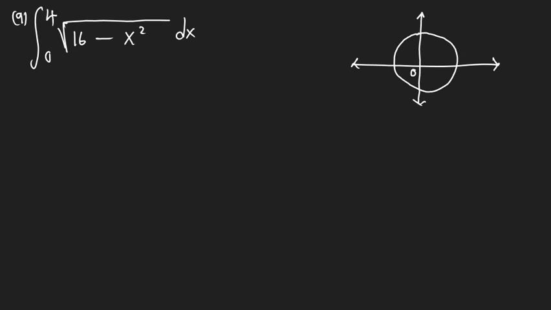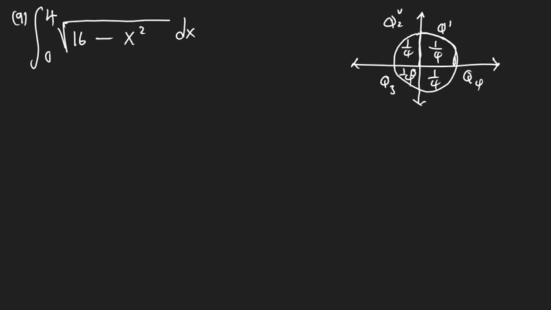Full circle. You're going to have the first quadrant, the second quadrant, third quadrant, the fourth quadrant. Each quadrant is a quarter of the circle. So this is going to be 1 over 4, 1 over 4, 1 over 4, 1 over 4.